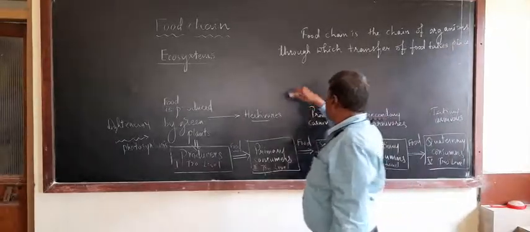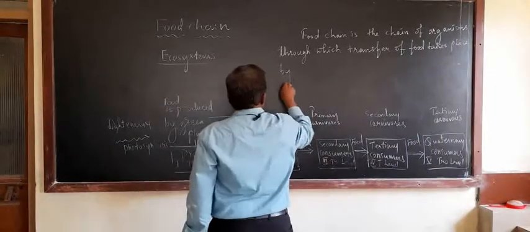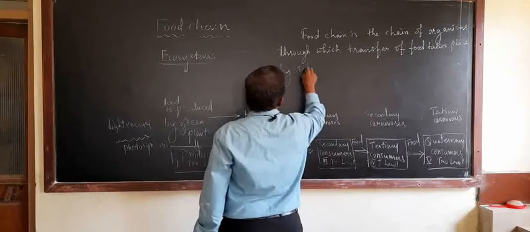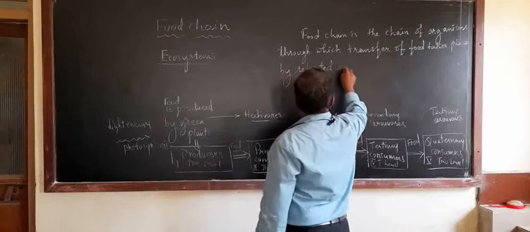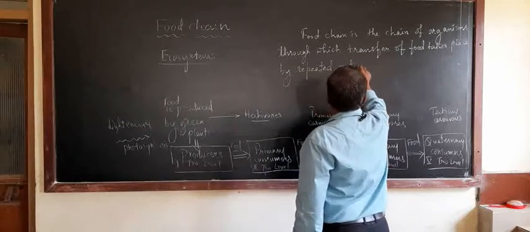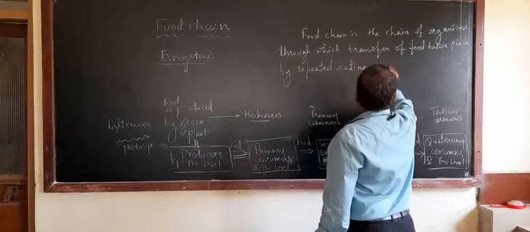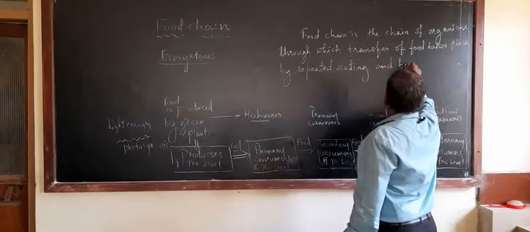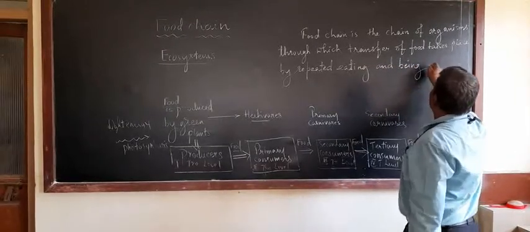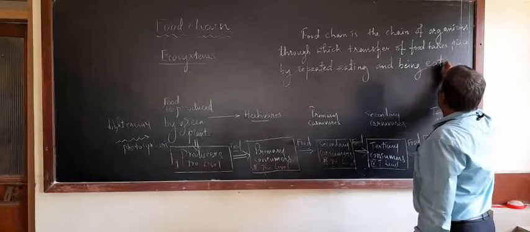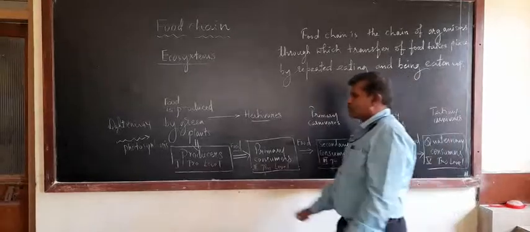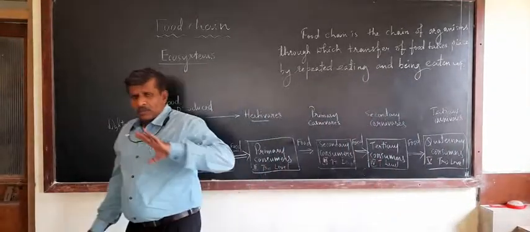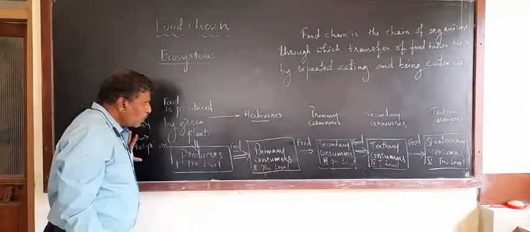Transfer of food takes place by repeated eating and being eaten up. Yes. This is how we define food chain.